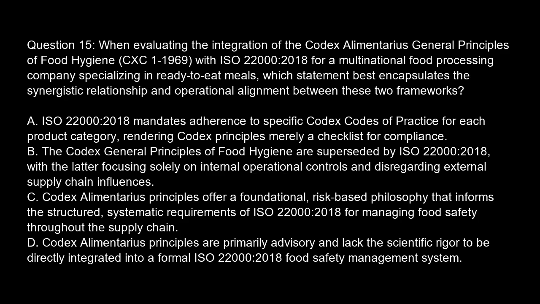Option C. Codex Alimentarius Principles offer a foundational risk-based philosophy that informs the structured, systematic requirements of ISO 22000-2018 for managing food safety throughout the supply chain. Option D. Codex Alimentarius Principles are primarily advisory and lack the scientific rigor to be directly integrated into a formal ISO 22000-2018 food safety management system.